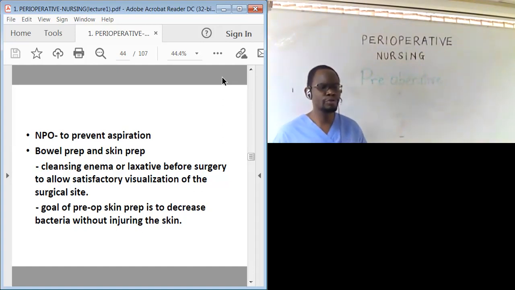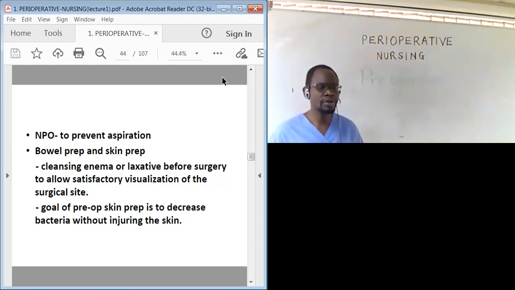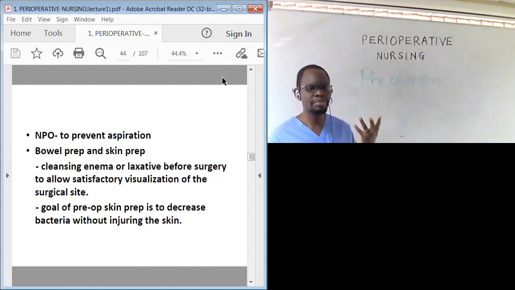The goal of skin preparation is to decrease bacteria without injuring the skin. By the way, there have been some changes, depending on hospital policy and the surgeon's preference.